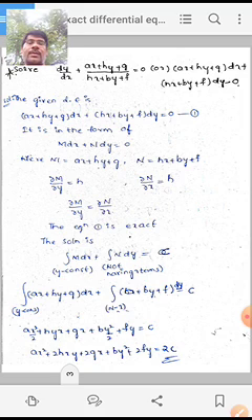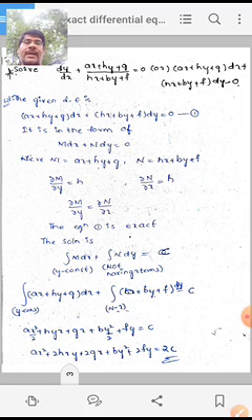Now dou M by dou y: we are doing the derivative with respect to y. Here x is treated as a constant, so ax gives 0, h is a constant and its derivative with respect to y is 1, and g is a constant, 0. Similarly dou N by dou x: we are doing the derivative with respect to x.